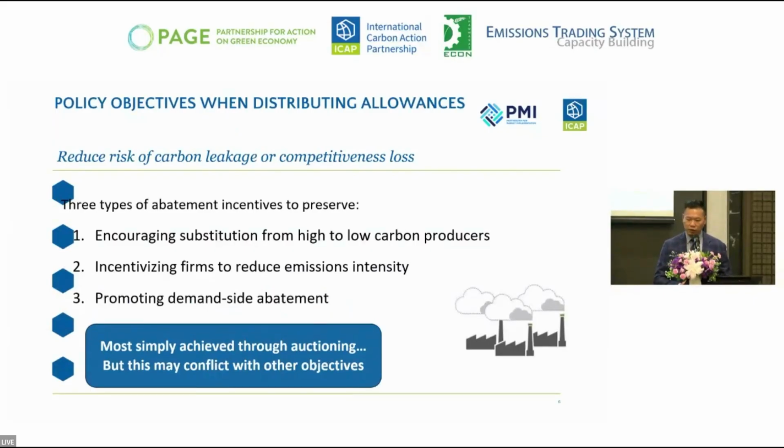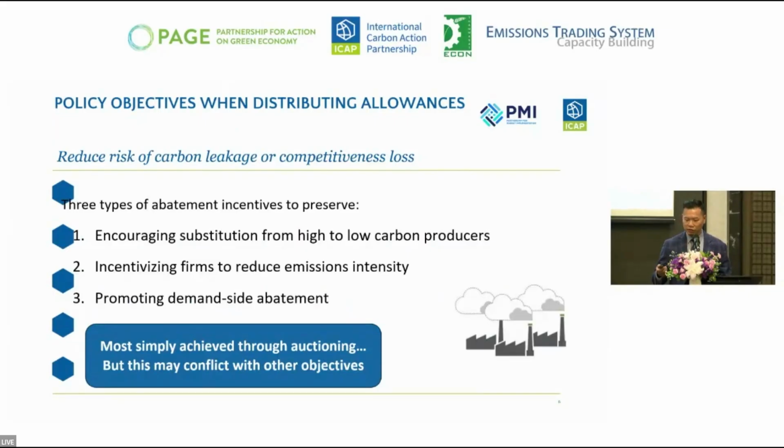First of all, we think about the incentives for abatement. There are different types of abatement incentives. First, we want to encourage the substitution from high to low carbon producers.